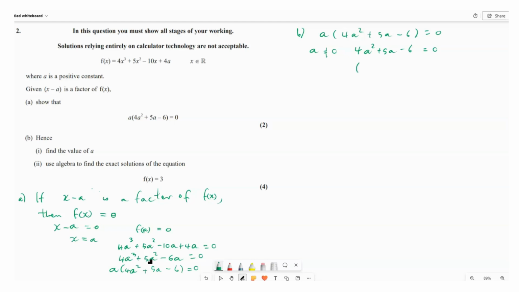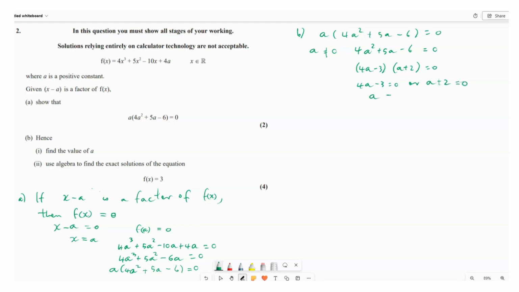By the look of things, we can factorize this. Minus 3 there, and that should be positive 2, and that equals 0. Therefore from this, 4a minus 3 equals 0, or a plus 2 equals 0.